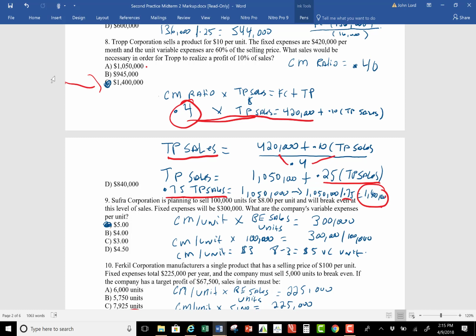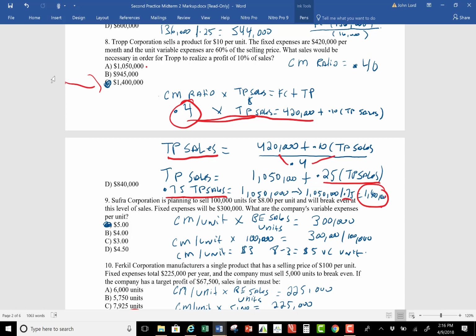Okay. So I was saying that the contribution margin ratio is 0.4 times target profit sales has to equal fixed cost. Yep. And the problem told us that they wanted the target profit to be 10% of the sales. So it's 10% of whatever the target profit sales is. I really have only one unknown, but I know that 10% of the target profit sales is my profit that I'm trying to hit.